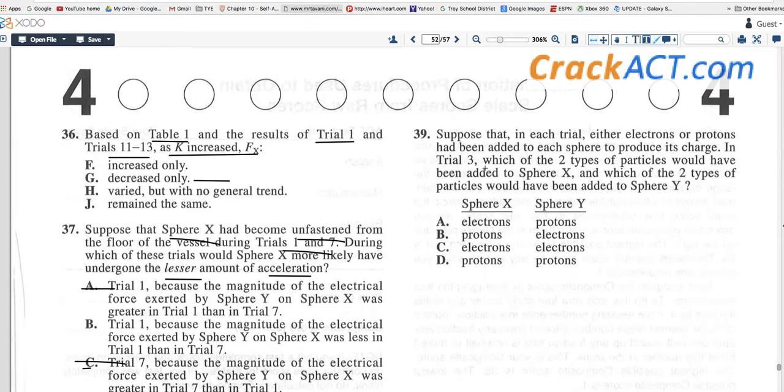Because they only talk about electrons. Nope, not C. How'd you get A? It says -1 and +1. So that means QX has to be electron, QY has to be proton, because the electron has a negative charge. Good. That's basically it. Knowing the charge of an electron is minus and the proton is positive.